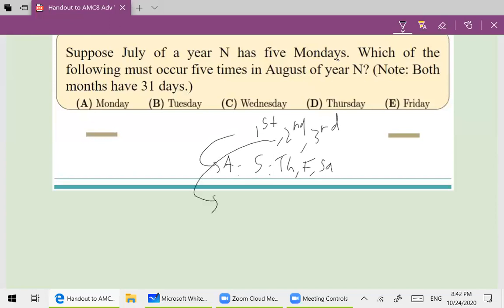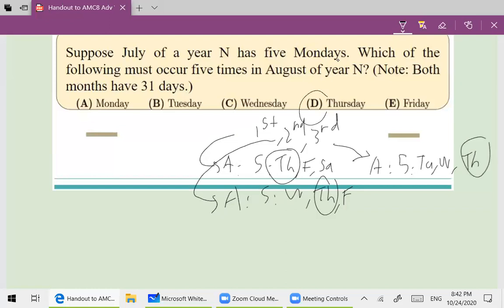If it's the second, August has five of Wednesday, Thursday, and Friday. And if it's the third, August has five of Tuesday, Wednesday, Thursday. And the only one that appears in all three is Thursday, D.